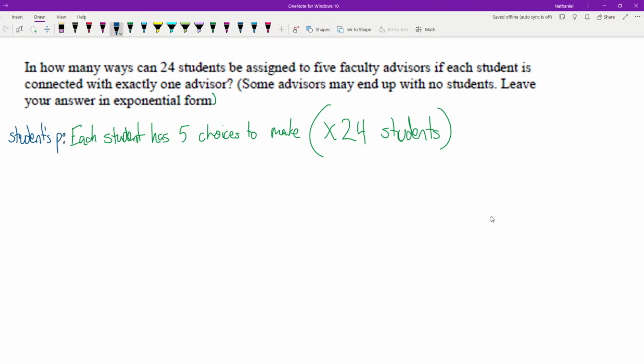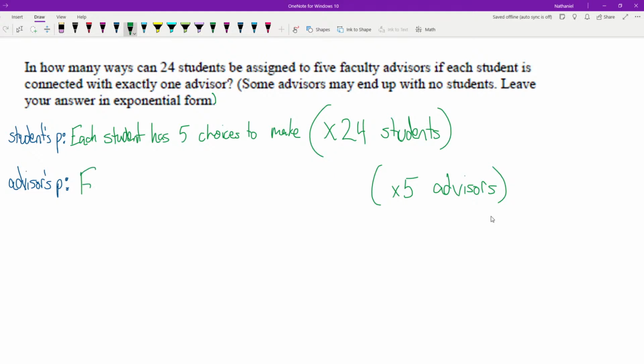From the advisor's perspective, do the advisors get to make choices? I mean, in a way they do. There are 5 of them, right? So, what's the story here?